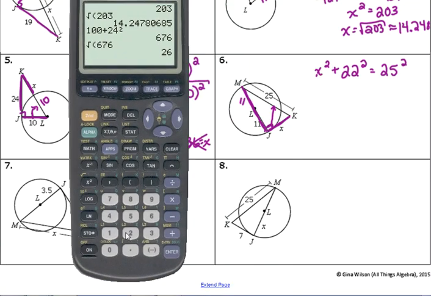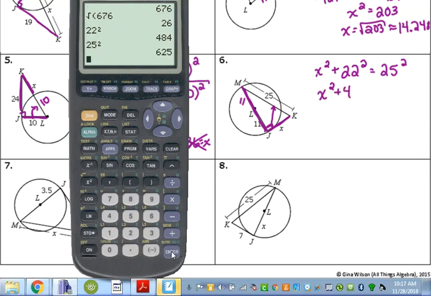So 22 squared, or not plus, I just need 22 squared and I need 25 squared. I'm getting ahead of myself here. That's 484 and that's 625. So we need to subtract the 484. So that gives us what? 141. Did I do that right?